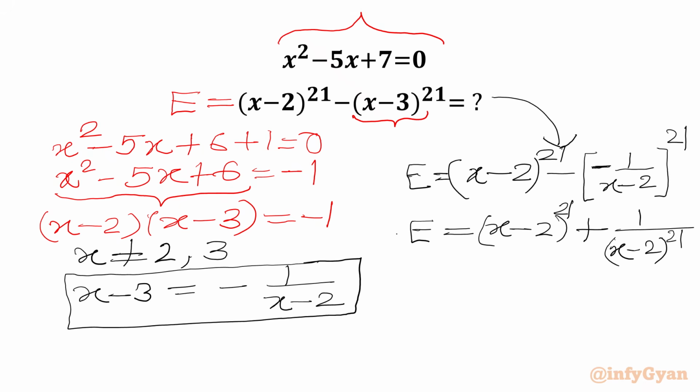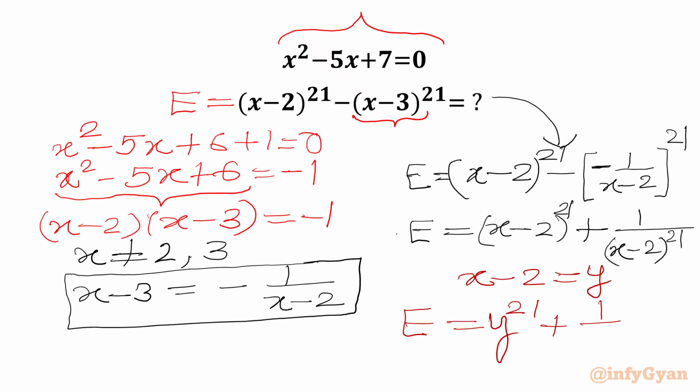Now we are going to use substitution. So I will consider x minus 2 equal to y. So our required expression E will be y power 21 plus 1 over y power 21. This is our required expression E.